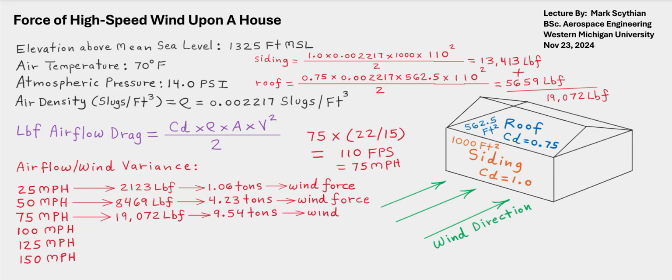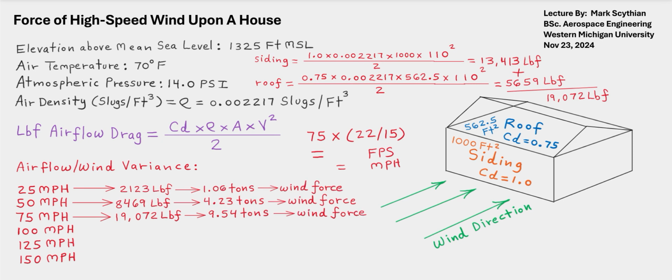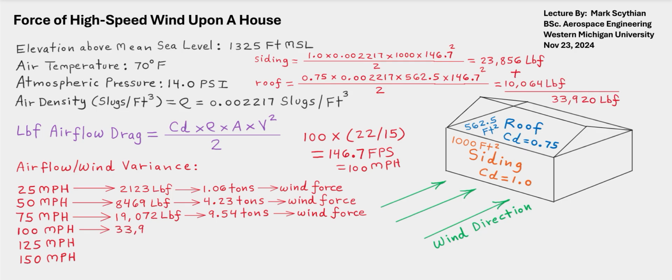75 miles per hour wind speed, 9.54 tons of wind force. 100 miles per hour, 16.96, almost 17 tons of wind force at 100 miles per hour.